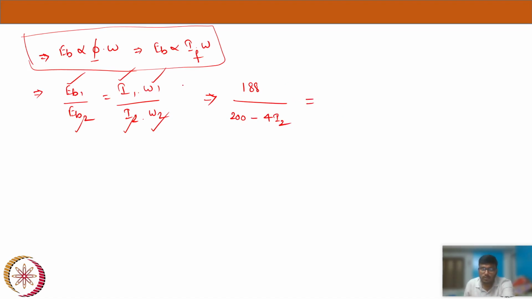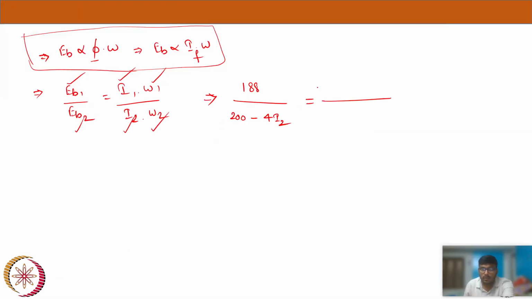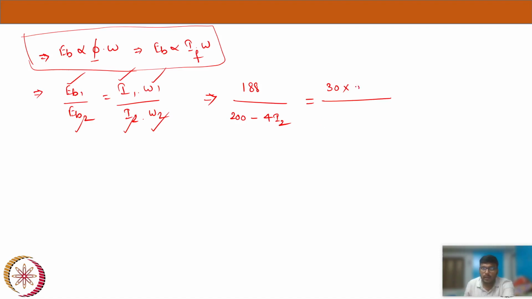This is equal to I1, which is 30, multiplied by speed. The first speed is 800 rpm, divided by I2, which I don't know, and omega 2, which I don't know.